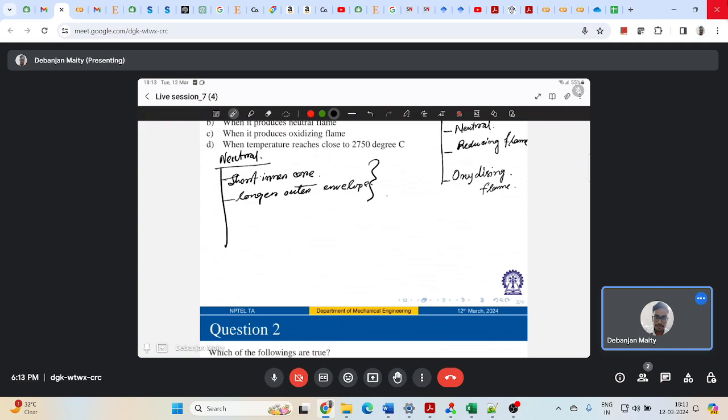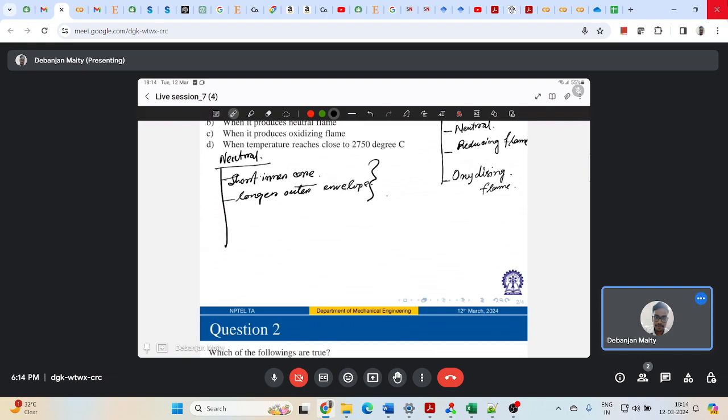The inner core is the area where the primary combustion takes place, that I have talked about in my earlier video also. In the inner core, you will have those primary combustions and chemical reactions between oxygen and acetylene, and the heat of this reaction accounts for about two-thirds of the total heat generated. So the maximum amount of heat is generated in the inner core. Now, the products of these primary combustions: depending on the chemical reaction of oxygen and acetylene, you produce carbon monoxide and hydrogen. They react with oxygen from the surrounding air and form carbon dioxide and vapor.